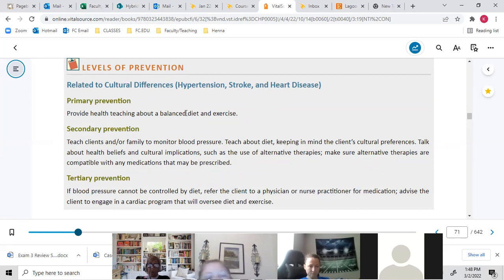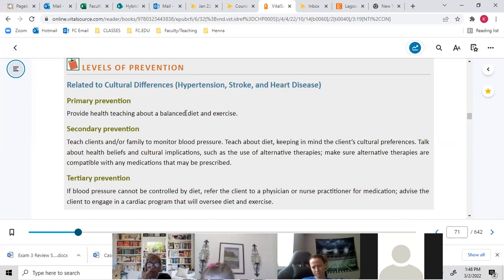Why is that primary? Because it's preventing it from happening. Yeah, it teaches and prevents. If you're providing teaching about a balanced diet and exercise, hopefully you're preventing, let's say, obesity down the road.